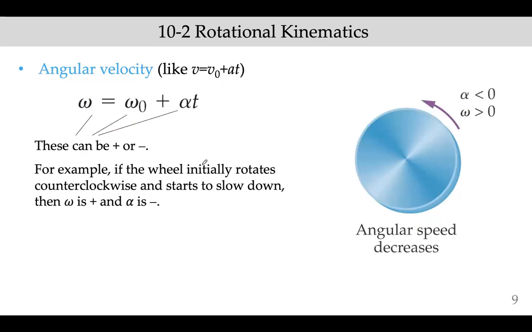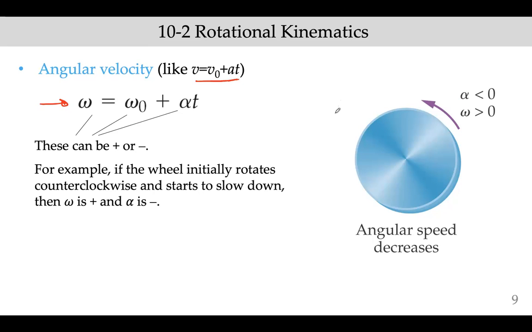So let's think a little bit more about the angular velocity. In the previous slide, I talked about the analogy between this formula, the linear case, and the angular case here. Now, if you remember, the velocity could be positive or negative, including the initial velocity and the final. The same thing here, the angular velocity can be positive or negative, and also the acceleration can be positive or negative.